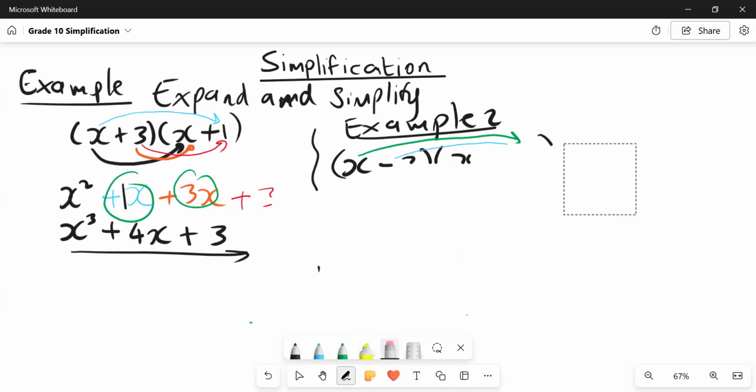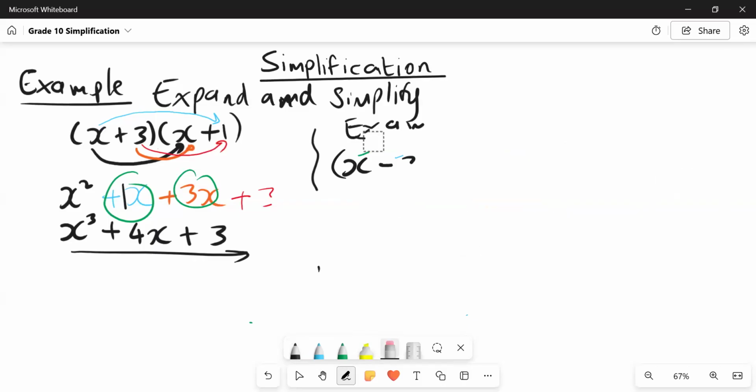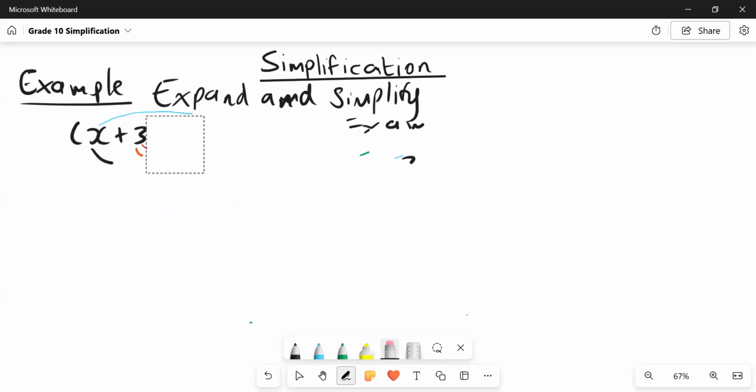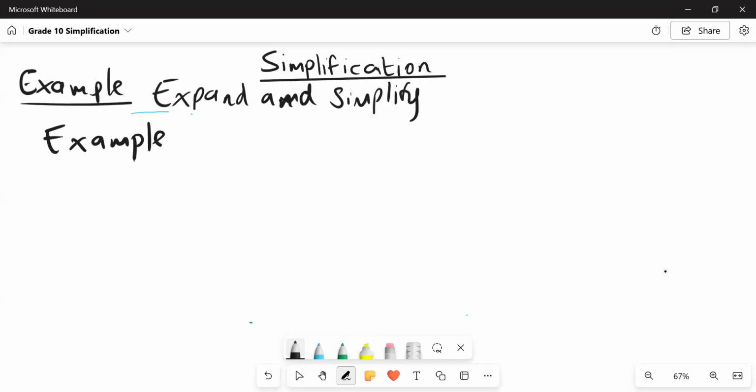So we have to move to example 3. Under the same topic, now we move to example 3. So you have your example 3 there. Now we are given x minus 2 and then x plus 5.